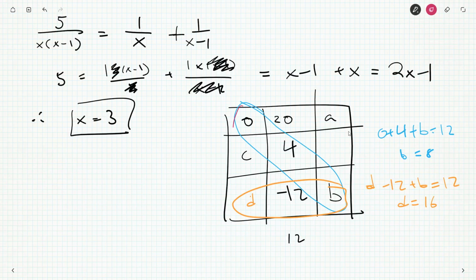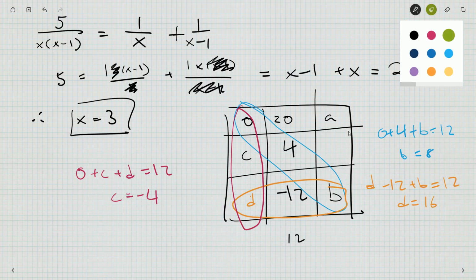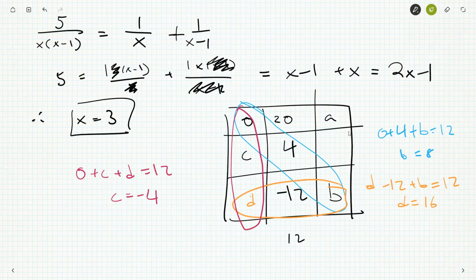And now I've got 0, C, and D. 0 plus C plus D is 12. But that's 0 plus C plus 16. C plus 16 is 12. C is going to be negative 4. Okay. And, oh, I completely forgot we have this top equation right here.